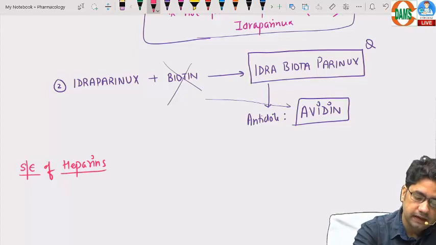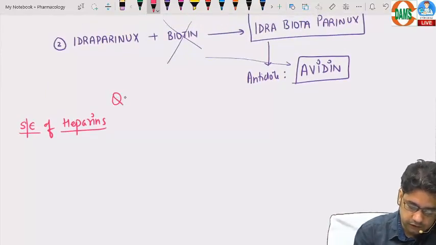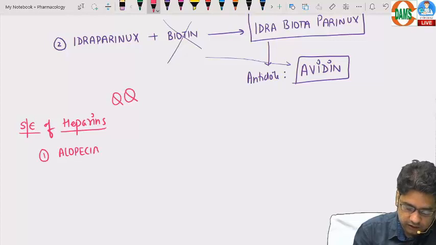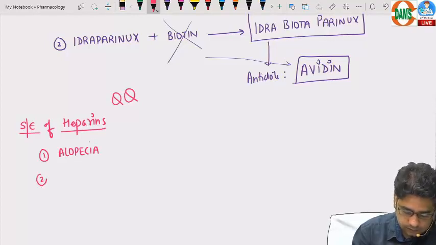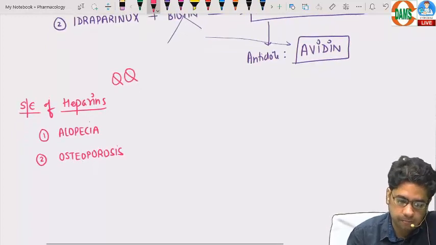Side effects of heparin. First one, you will write, this is very important, alopecia. It binds to basic protein of hair. Heparin causes osteoporosis. Why? It binds to basic proteins of the bone.